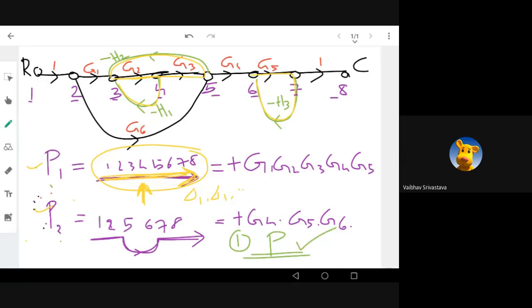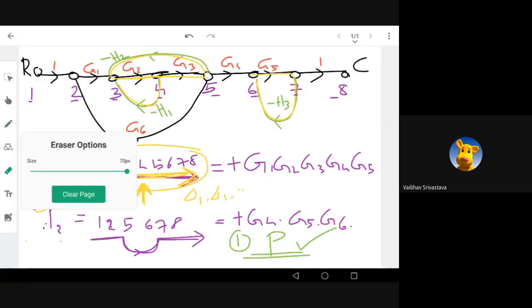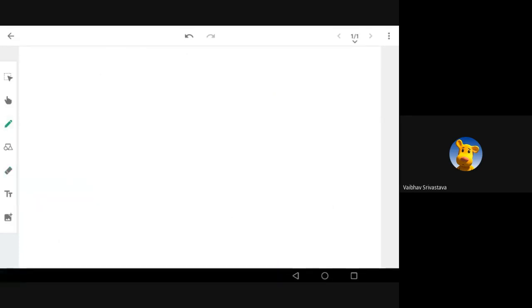Now the second step is the individual loop gains. I should not have deleted this question, but I think you have drawn this diagram in your notebooks, right? To find the individual loop gains, we have to take all these individual loops together.